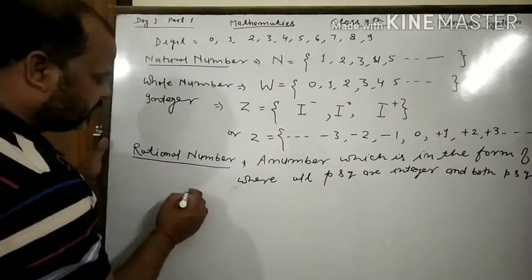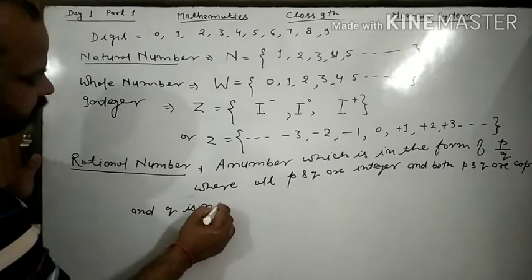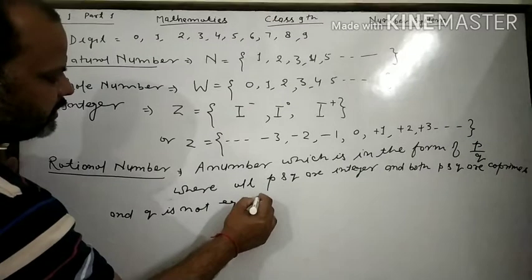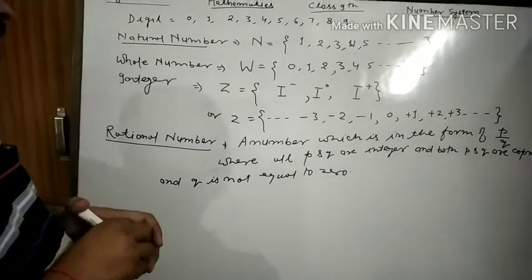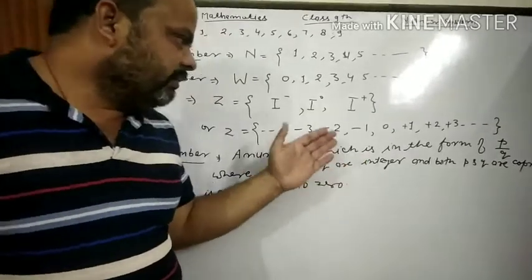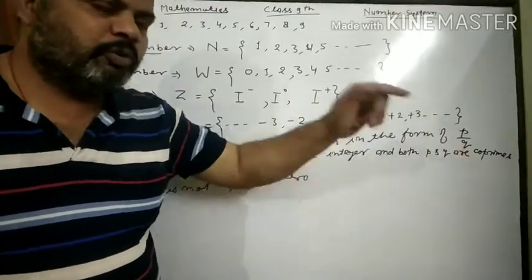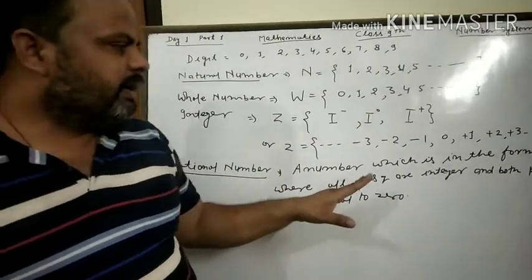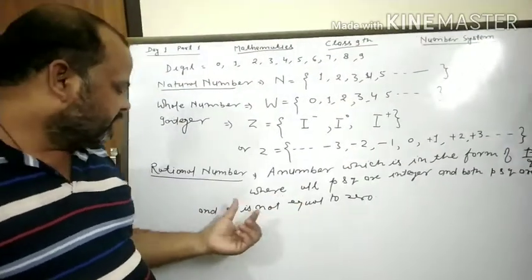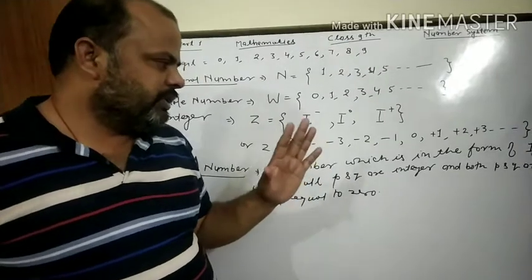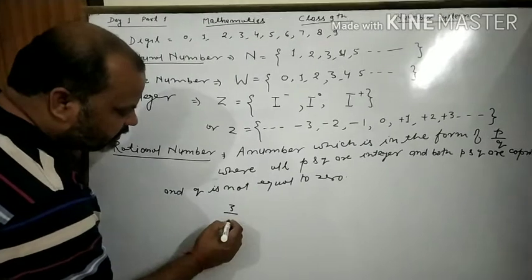Clear? And Q is not equal to 0. Clear? In a rational number, P and Q are co-prime. Co-prime means the HCF of P and Q is 1. Clear? And here Q is not equal to 0. Suppose you have 3 upon 15.